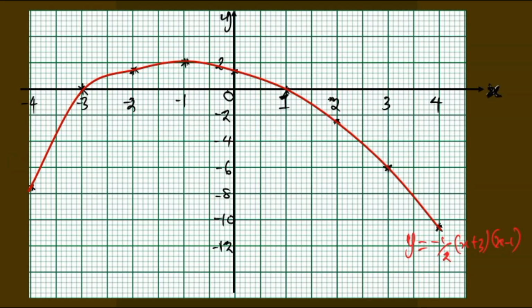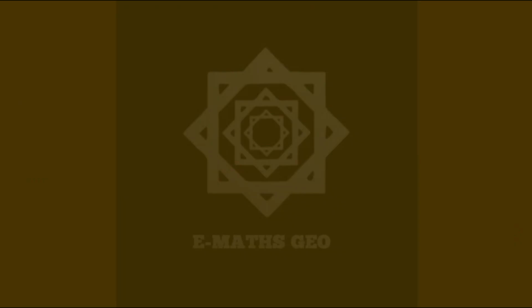As you can see, y is 0 at minus 3 and 1. Therefore, the solution is x equals minus 3, or x equals 1.